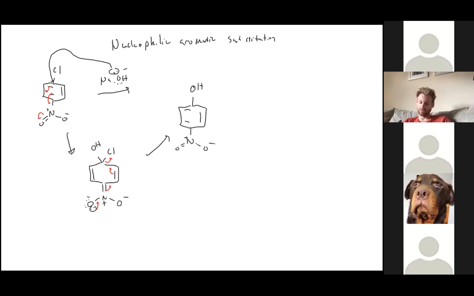This will only work if we have a Cl that is in either this ortho or this para position.